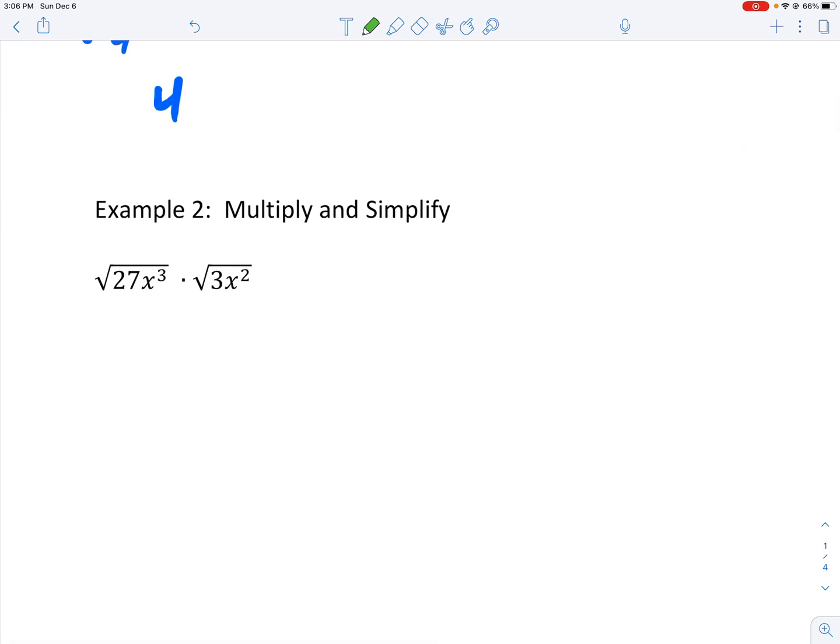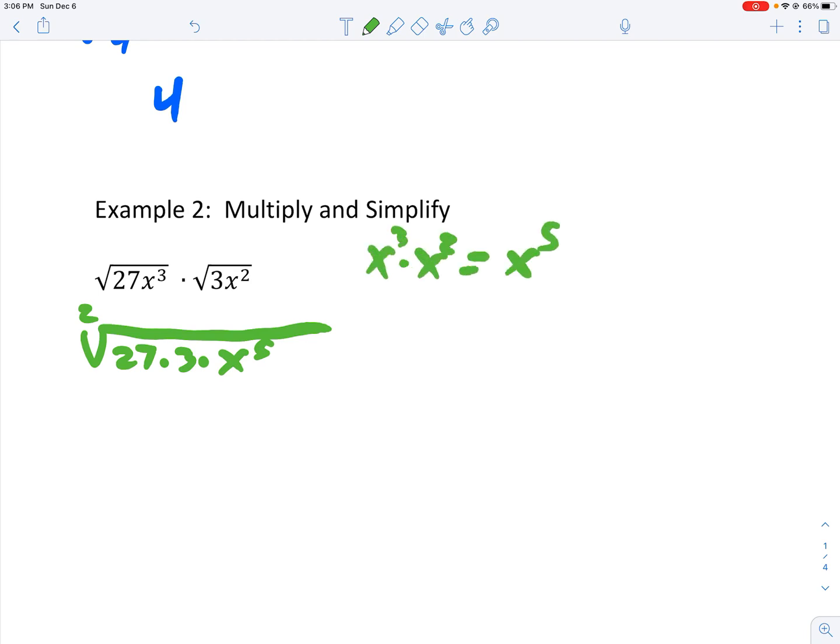Okay, so now example 2. Now we start to throw variables in there, but same concept. They have to both be square roots, which they are. So I'm going to rewrite this as the square root of 27 times 3 times x to the 5th, right? Because remember, x to the 3rd times x squared is x to the 5th. Bases are the same, you add your exponents.